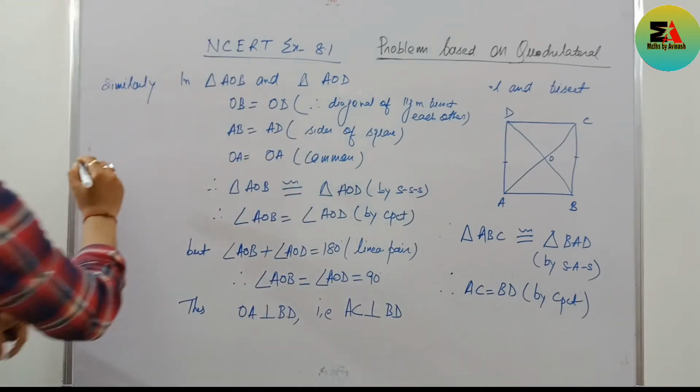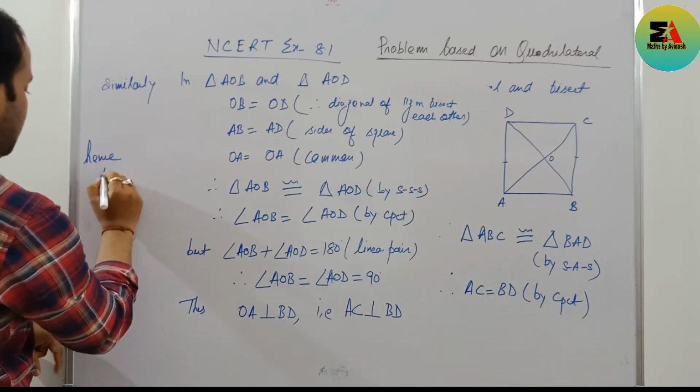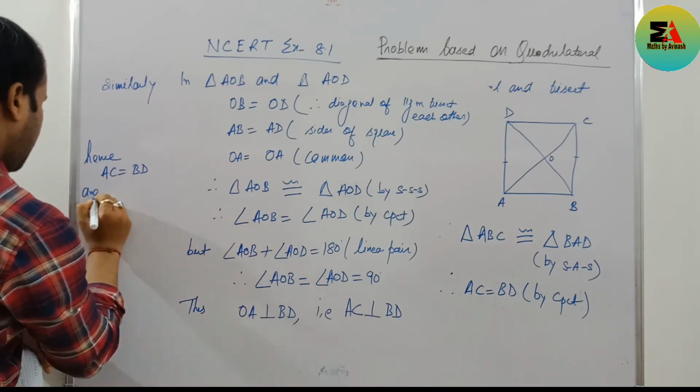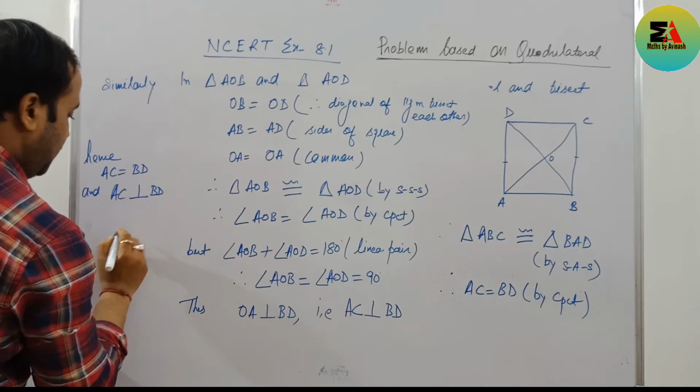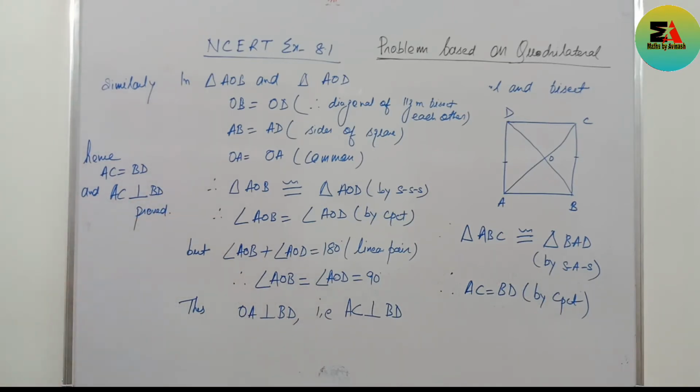Hence AC equals BD and AC perpendicular to BD. Proved. I hope this sum is clear to you.